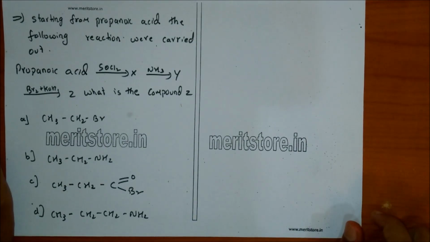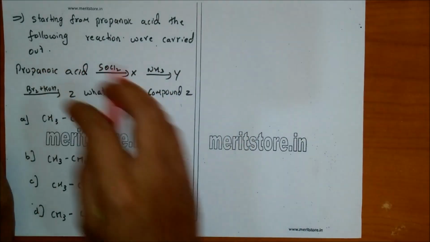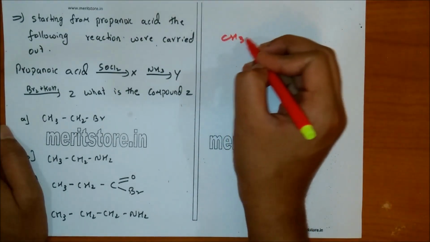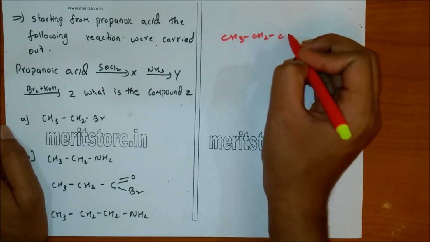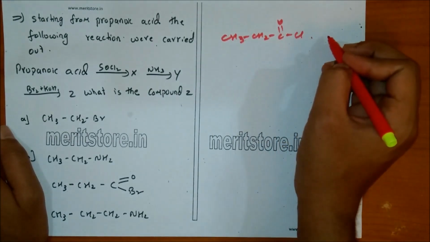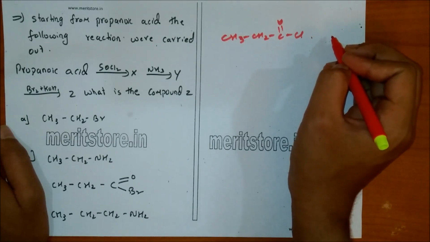Starting from propanoic acid, the following reaction is carried out. When propanoic acid reacts with SOCl2 it will give CH3CH2COCl, an acyl chloride, plus SO2 and HCl.